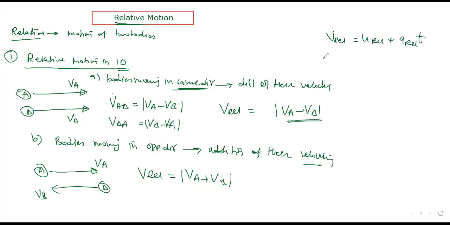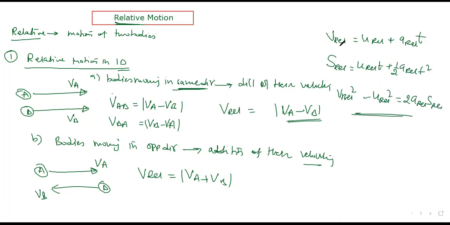If you know the relative initial velocity between two bodies, final velocity, acceleration and time, you can write this relation. Same way, relative distance: S relative is equal to U relative into time plus half A relative into T square. Or the third equation, V relative square minus U relative square is equal to 2 A relative into S relative, the relative displacement.